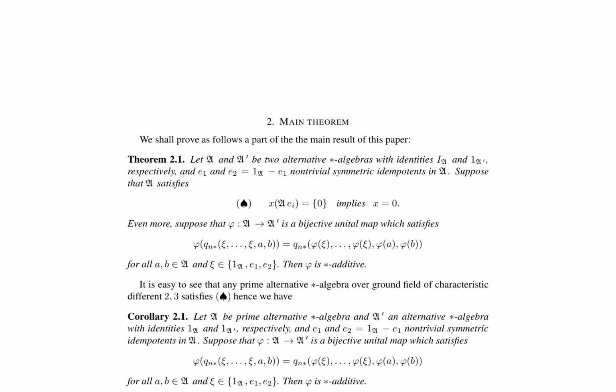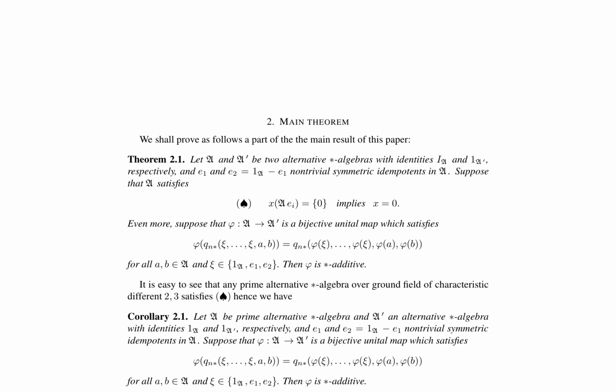Here is a combined summary of pages 3 and 4. The main theorem of this paper is presented, which states that if A and A' are two alternative *-algebras with identities I_A and I_A', respectively, and E1 and E2 are non-trivial symmetric idempotents in A, then a bijective unital map phi from A to A' that satisfies certain conditions is *-additive.